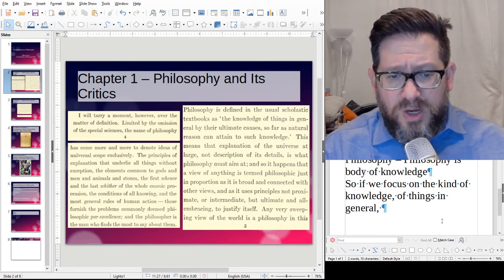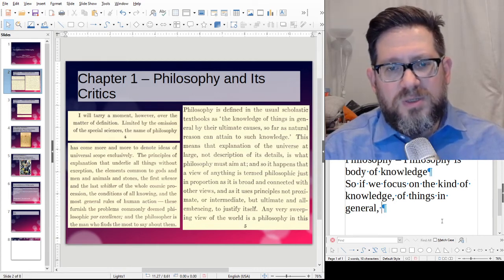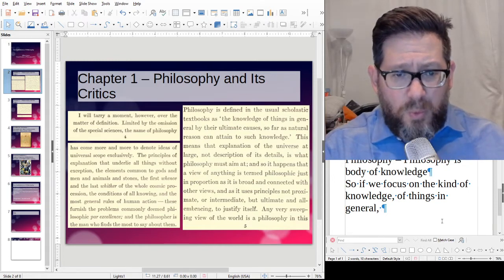So if we're talking about all things, then he says it's kind of like being able to take a view of everything at once. And everything at once is sort of the world itself.